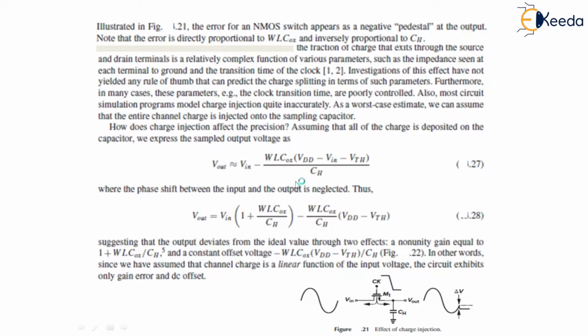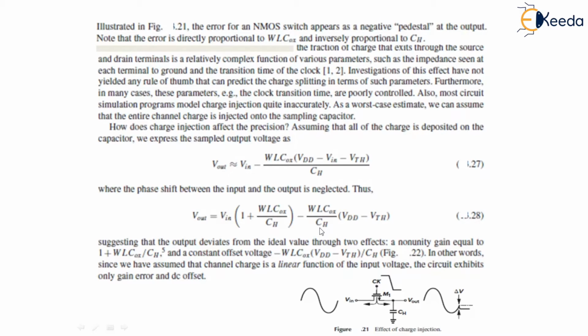Where the phase shift between input and output is neglected, we can rewrite it as Vout equals Vin(1 + W·L·Cox/CH) minus (W·L·Cox/CH)(VDD − VTH). This equation suggests that Vout deviates from the ideal value due to two effects: a gain, which equals 1 plus W·L·Cox over CH, and a constant offset voltage, which equals minus W·L·Cox(VDD − VTH) over CH.